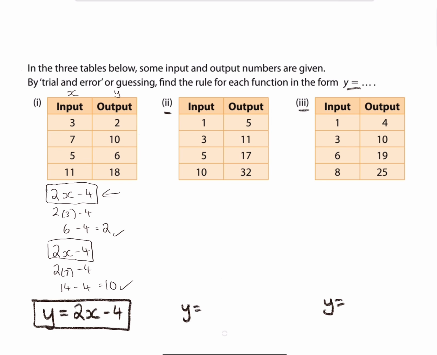And remember to always finish by writing y equals and the rule. And remember that this is the x and this is the y, and here this is the x and this is the y. Okay? X is the input number, the number you're putting into the sum, and y is the output, the number you're getting out. Okay? And they just want you to write it like this.